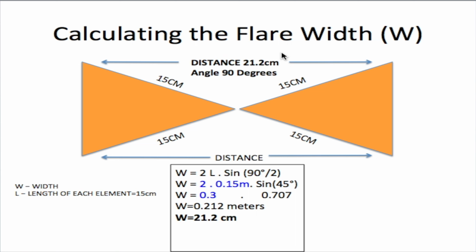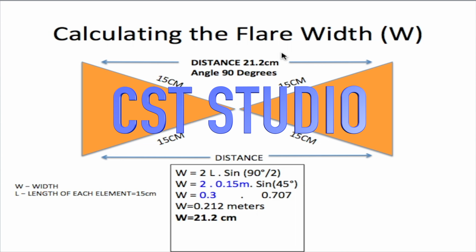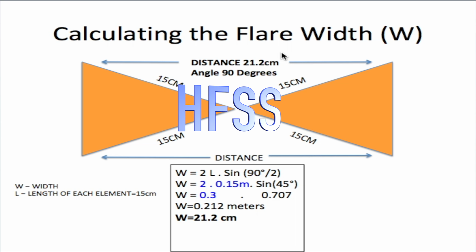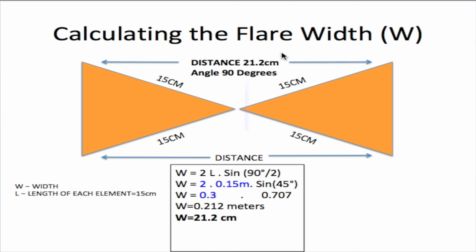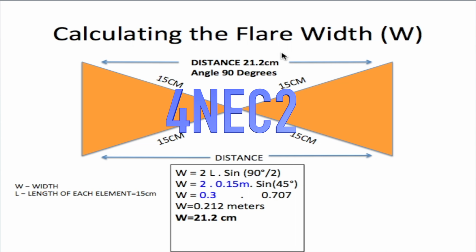And modeling softwares that you could use are CST Studio, HFSS, EZNEC, or 4NEC2. 4NEC2 is a free modeling software. The other ones, I believe there's a charge for those ones.